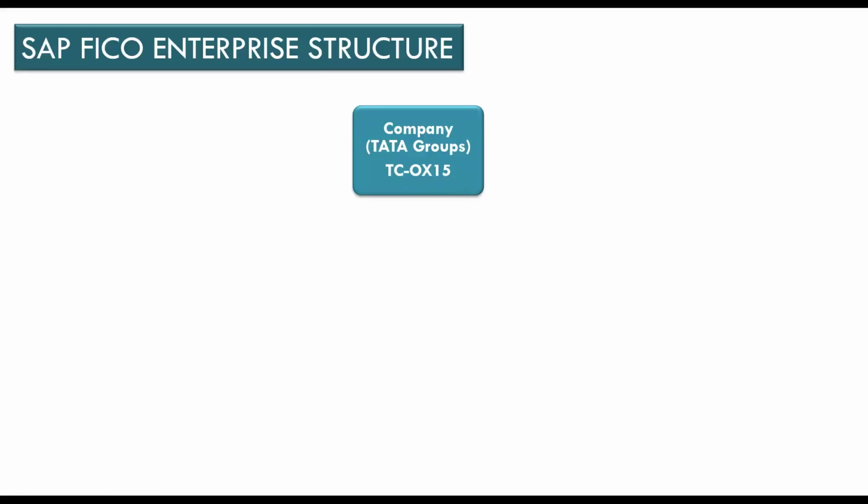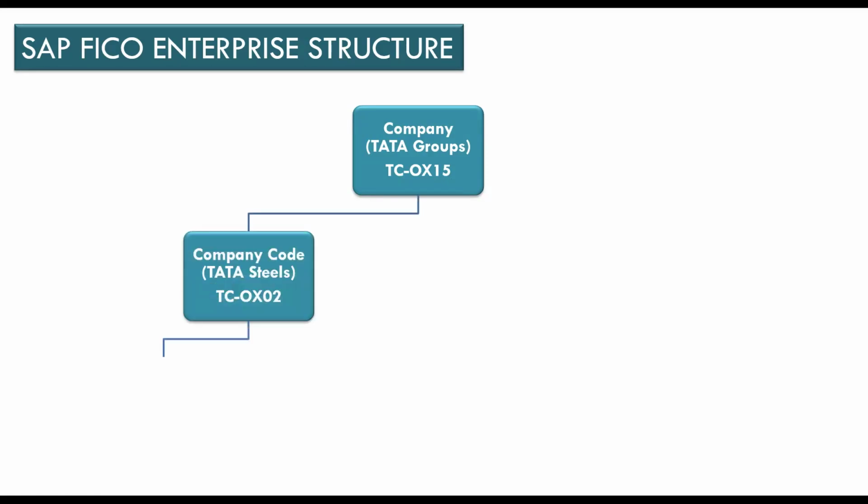Then under one company, we can have multiple company codes. Let's say Tata Steels. And company code is a legal entity where we are going to manage all the financial accounting, the financial transactions.